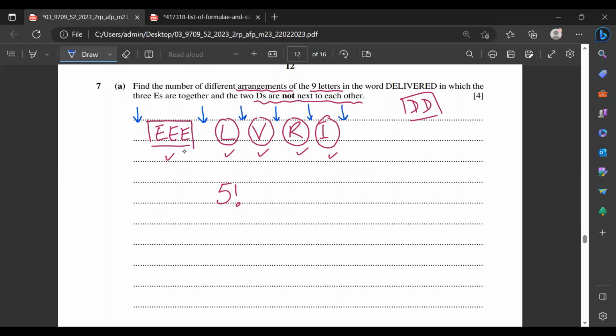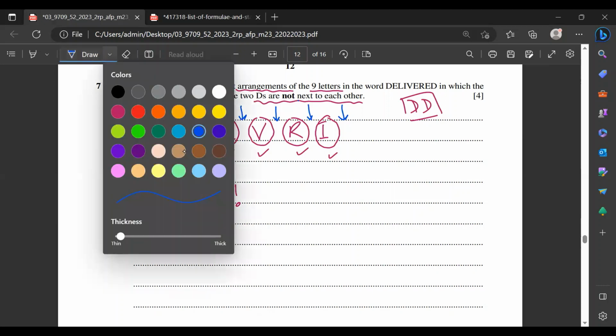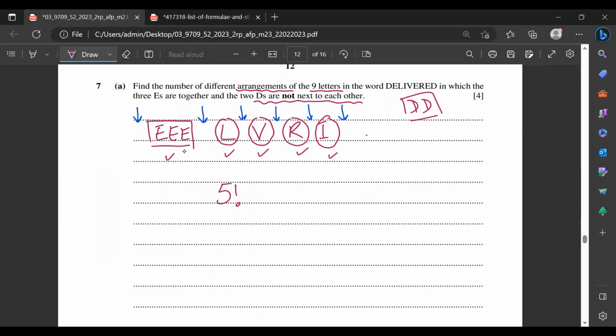After writing the E's together and L, V, R, I, there are five things, and these can be arranged in 5 factorial ways. Now we want to fix two D's in two spaces out of six. So multiply by 6P2, because we want to occupy two of the six positions.